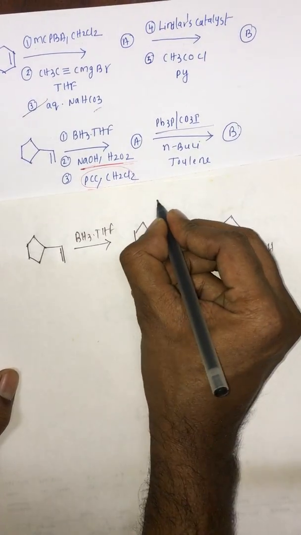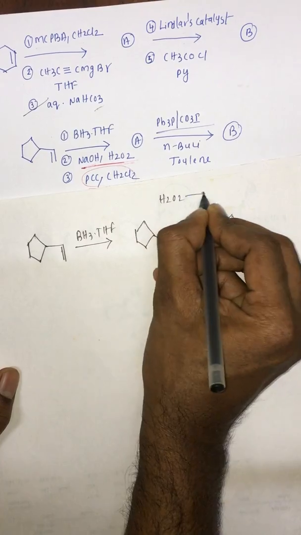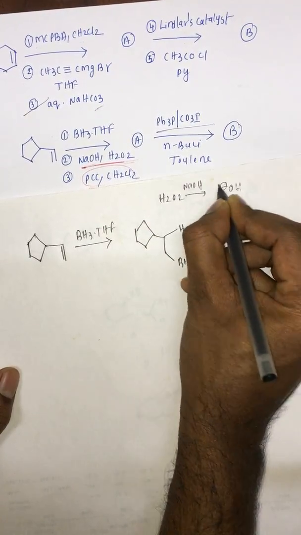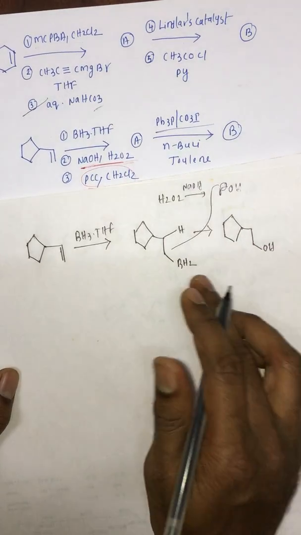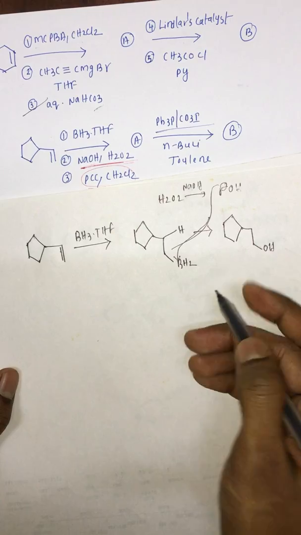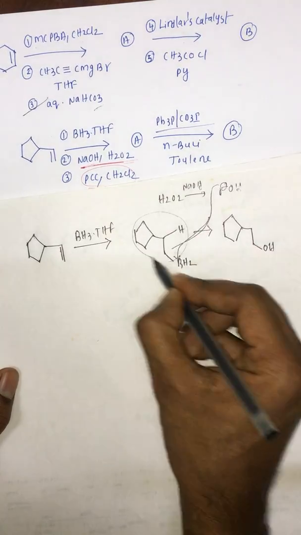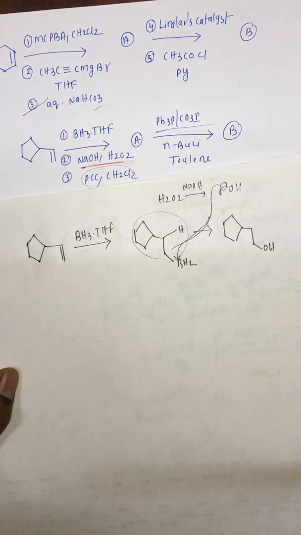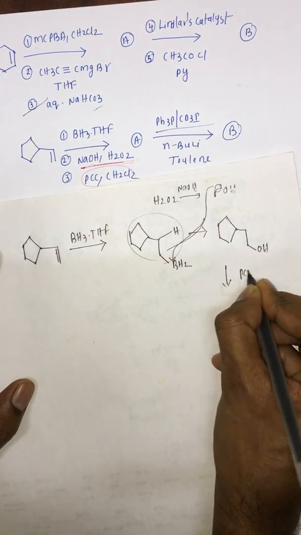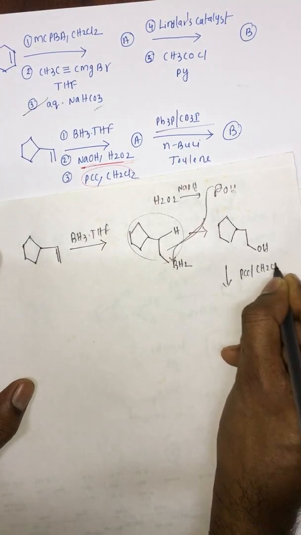The mechanism involves H2O2 in the presence of base giving OOH minus, which attacks the boron, and then the group migrates to oxygen, giving OH.